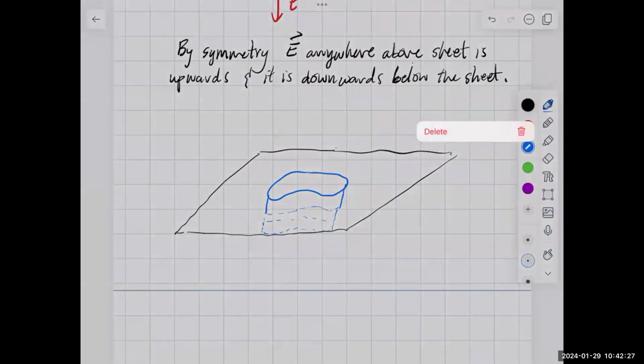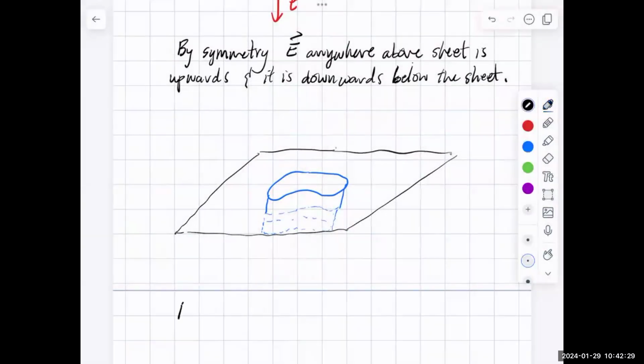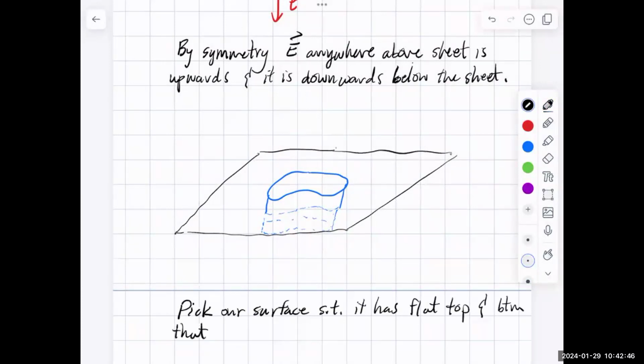So we're going to pick our surface such that it has flat top and bottom that are always the same distance from our sheet.